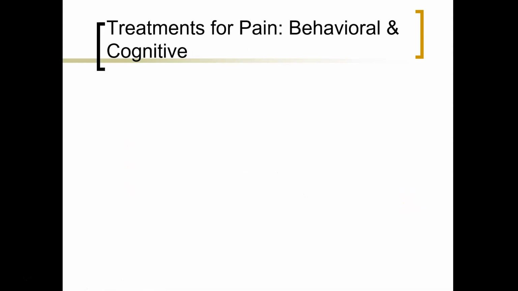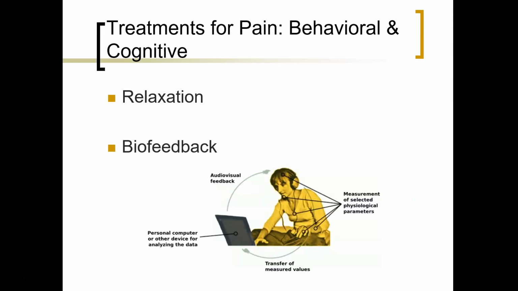As far as health psychology is concerned, we're really interested in behavioral and cognitive treatments for pain, and chronic pain is mainly what we're talking about here. Relaxation can be very useful, especially for pain conditions that are exacerbated by muscle tension. And biofeedback is something that can be very useful as well. In biofeedback, there are selected physiological parameters.